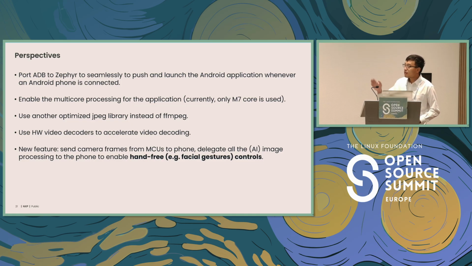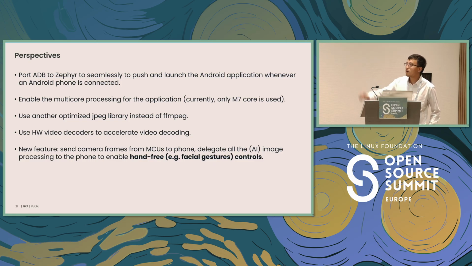And finally, we would like to use a hardware video decoder to accelerate the video decoding. So in NXP, we have some boards such as the RT1170, which supports the JPEG decoder, and this will enhance the performance of the system.